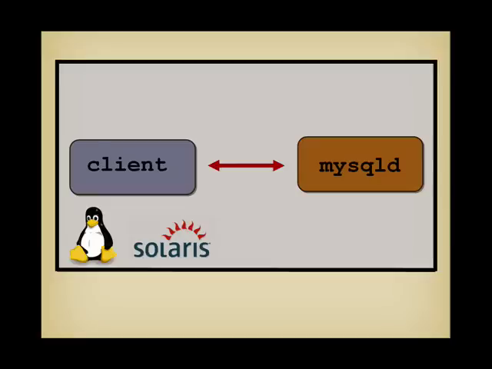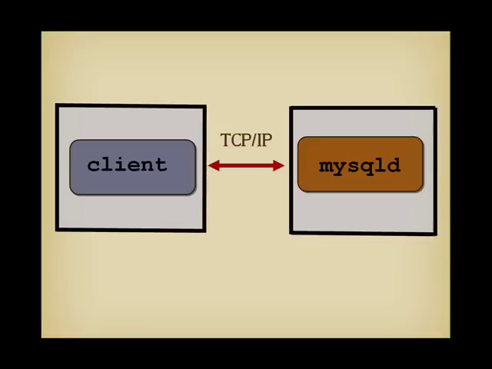Under Linux and Solaris, the local clients can connect using Unix sockets, TCP/IP. With all systems, the remote clients connect by using the TCP/IP protocol.